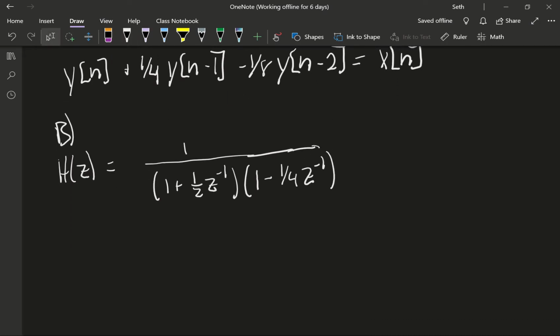So now we want to get it into a form we're more used to, so we're going to use partial fractions.